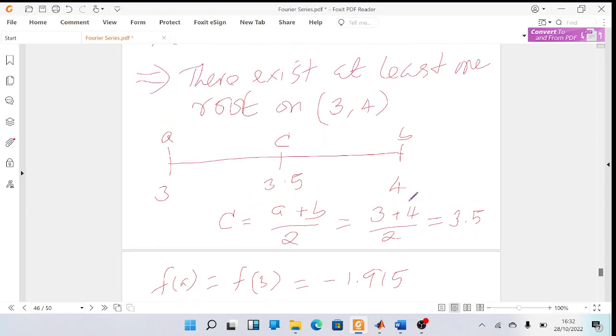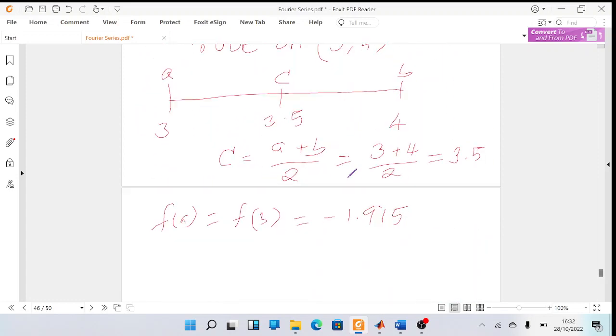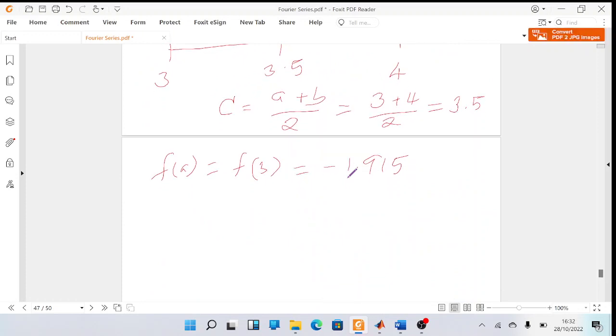The value was negative here. So now we need to find f of C, which is f of 3.5, and this will give us e raised to power 3.5 minus 5 times 3.5 minus 7.